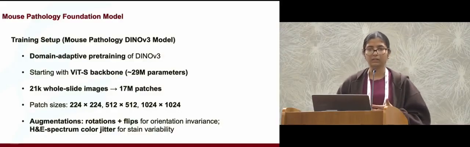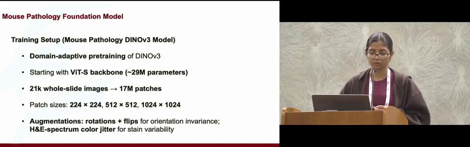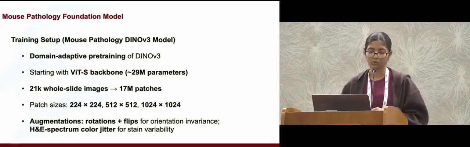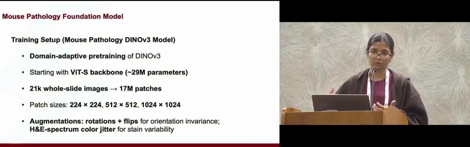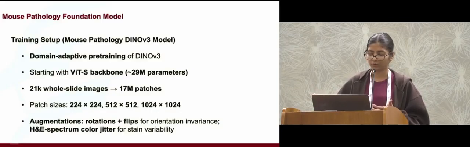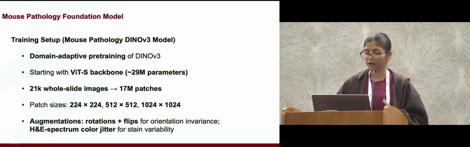We have a comparatively much smaller dataset, with just 21,000 whole slide images from which I extracted 17 million patches. Our patches are of three different pixel sizes: 224, 512, and 1024. We also used mixed-resolution batches to expose our model to finer cellular detail as well as the coarse architectural context of the tissue.